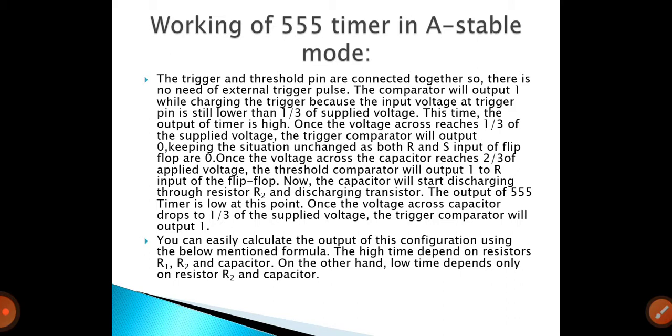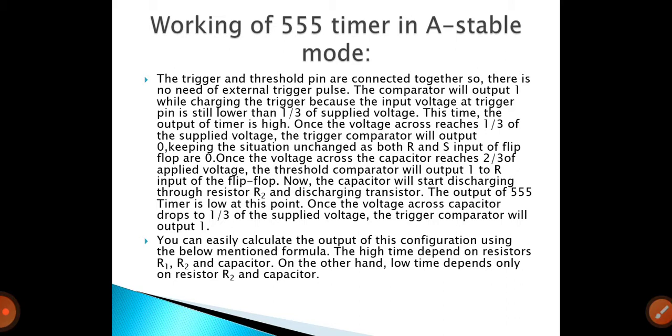Once the voltage across the capacitor reaches 1 by 3 of VCC, the trigger comparator outputs 0, keeping the situation unchanged as the R and S inputs of the flip-flop are 0.